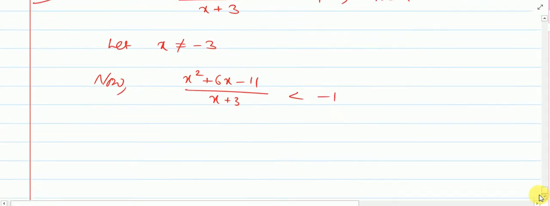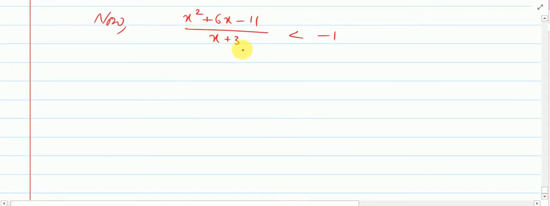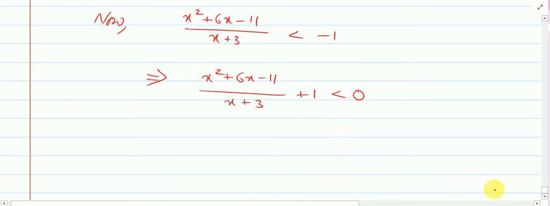Now as I said, this x plus 3, for some values it is positive and for some value it is negative. So I cannot multiply on the right with x plus 3. So for that what we have to do is, we will bring this minus 1 to the left.